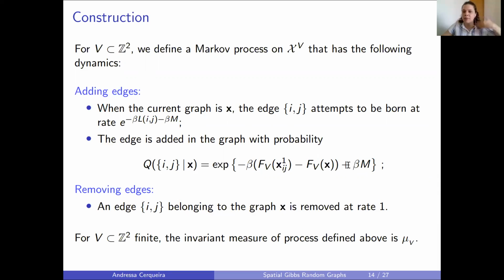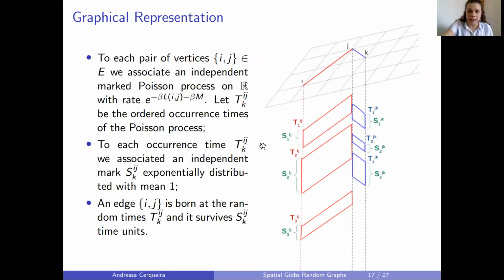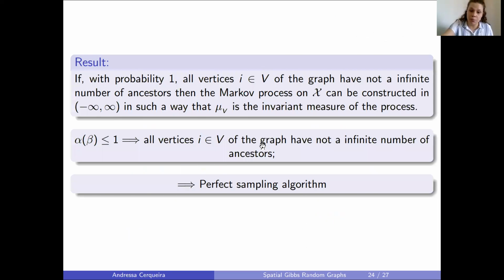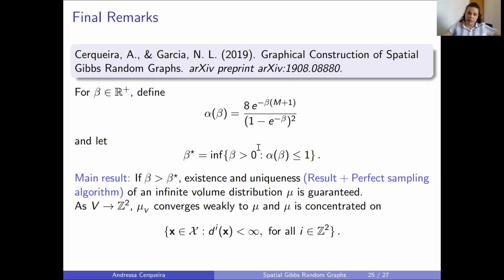So every time that the edge would like to be added in the graph, it will be in the graph. So this new process will dominate the process that we are interested in. It's simple to do this with this dominating process, and then we can prove that for this dominating process, all the vertices have finite degree. So the same thing holds for our measure.